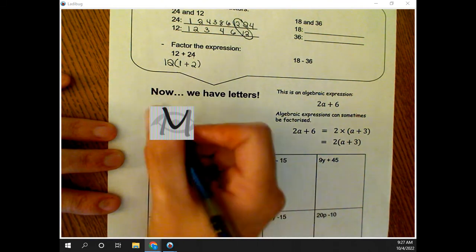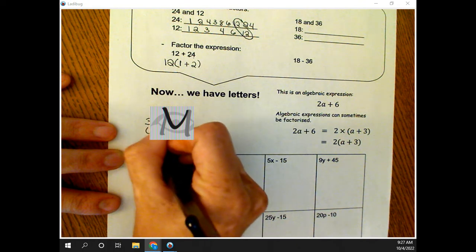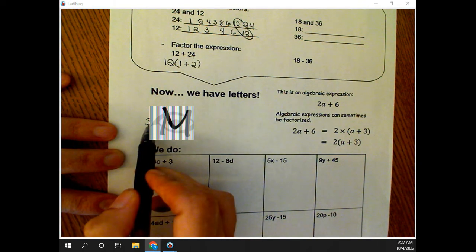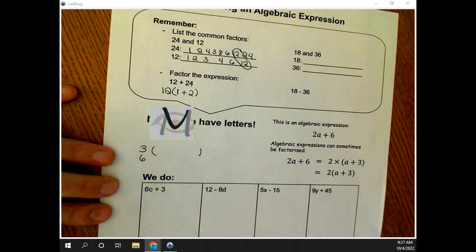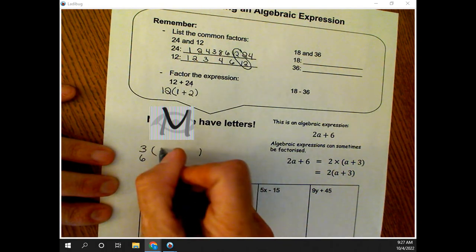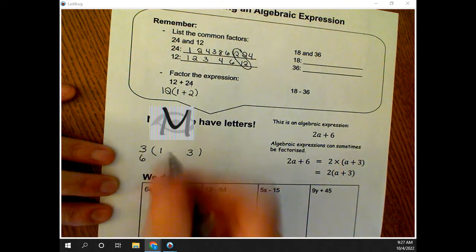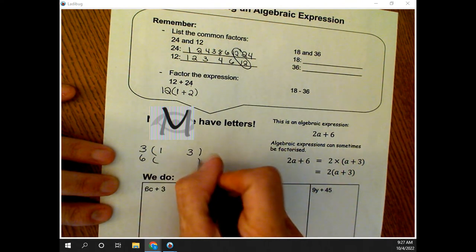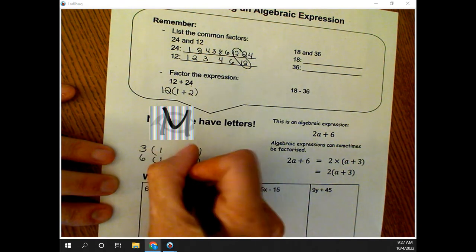No. So what are my options to multiply to get 3? 1 and 3. Can I multiply anything else? No. All right. What can I multiply for 6? I've got 1 and 6 and what? 2 and 3.